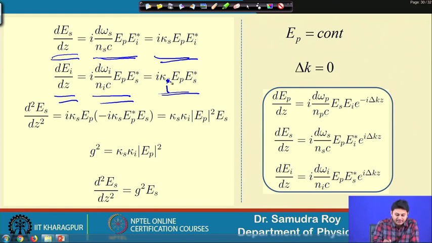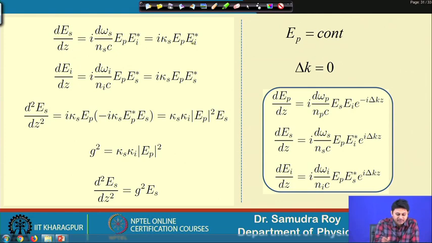So, when I differentiate this quantity once again, we will have d2Es/dz2. When I differentiate, Ep is constant, so we will have a quantity dEi star/dz, which I can replace from here, and when I replace I will have a negative sign because I am taking the star of that, and Ep star and Es.